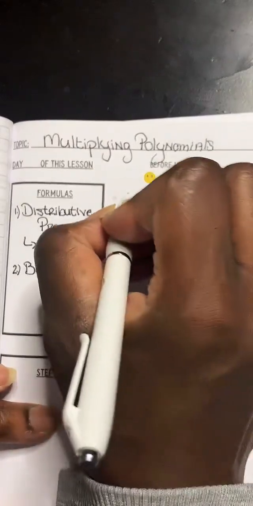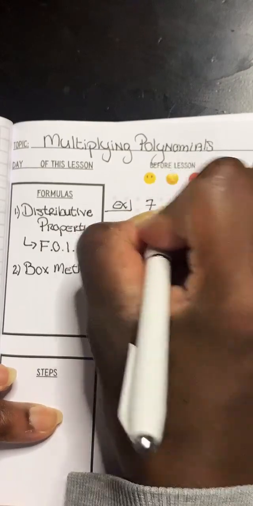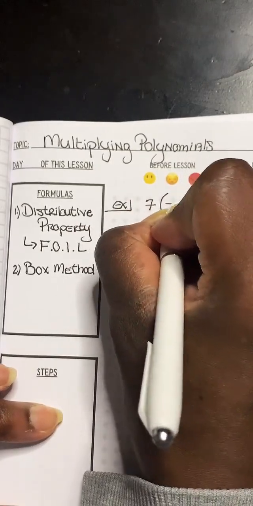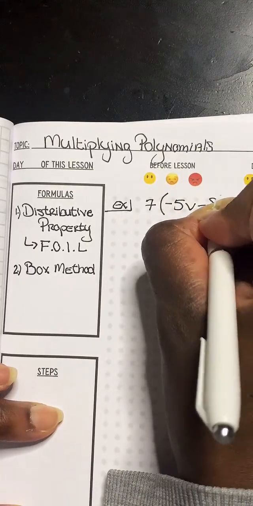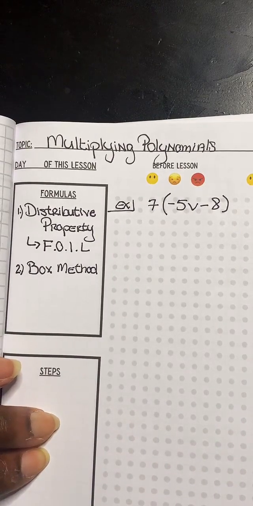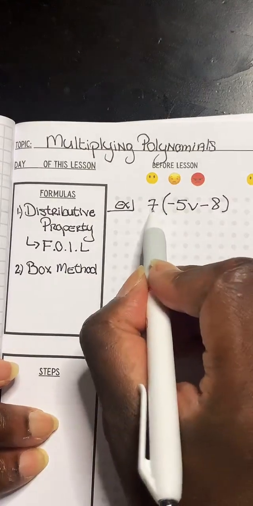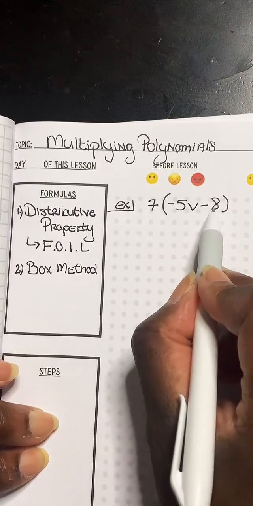So if we have 7 times negative 5v minus 8. Okay, so we have what's called a monomial, a single term, and inside this parenthesis we have a binomial.